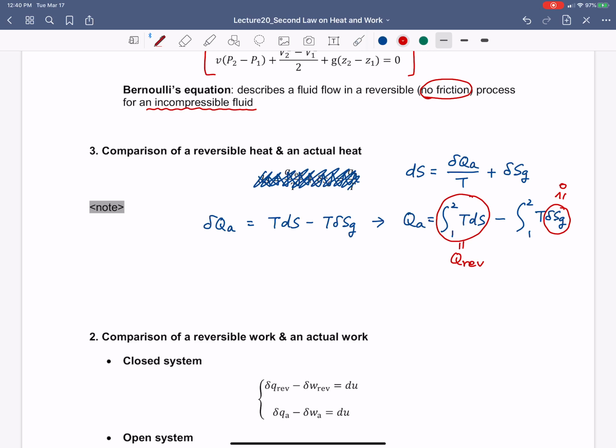Let's define the second term as Q loss. So what you can understand from this equation is that the actual amount of heat is always smaller than the reversible amount of heat by the amount of the loss of heat that is not being used for our benefit. So that is how we can compare the reversible heat and an actual heat.